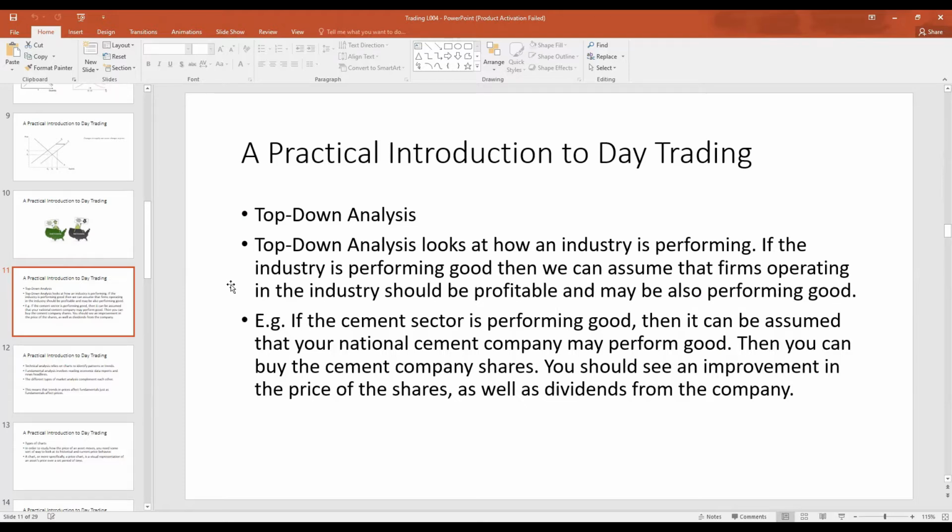If you run with this assumption, then you can go long, you can buy the shares of the cement company because you can expect the cement company to be profitable and you can expect to earn dividends from the cement company's shares.